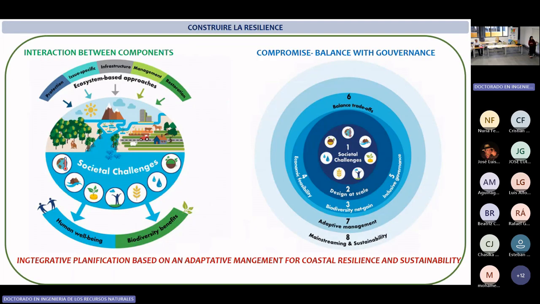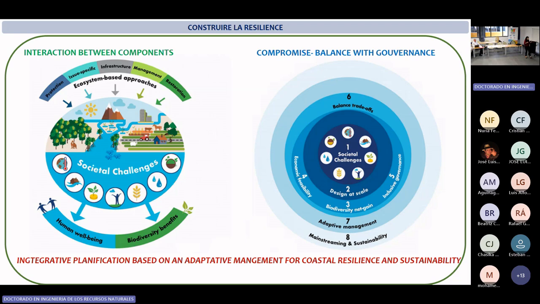So I will be very quick. Here, for our nature-based solution, we have to integrate all components: ecosystems, societal, well-being, and the economic parts. Because maybe we can implement some nature-based solution, but from an economic point of view, it's not feasible for the government and for others, like the responsible.